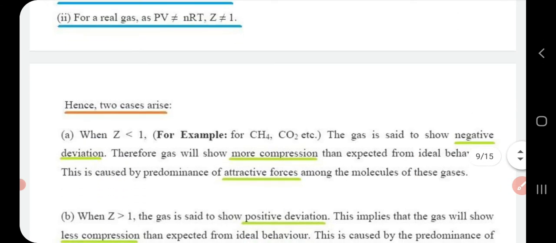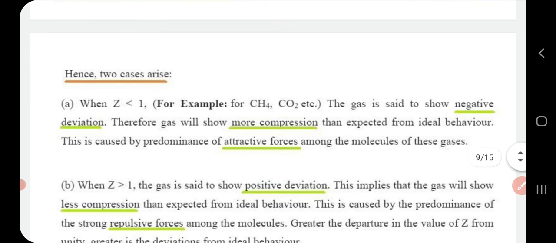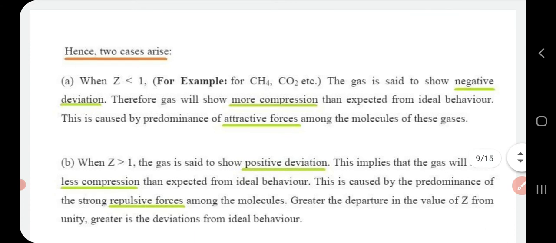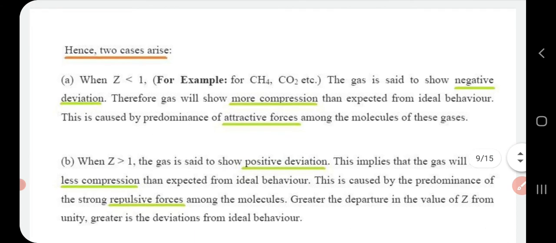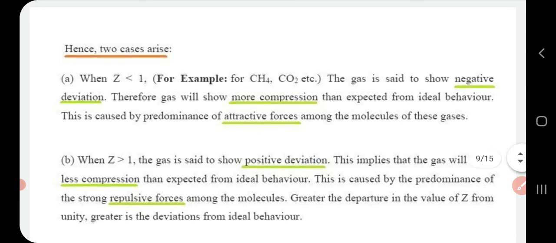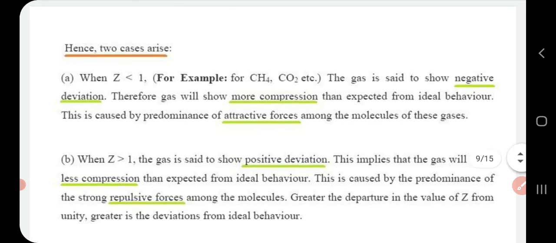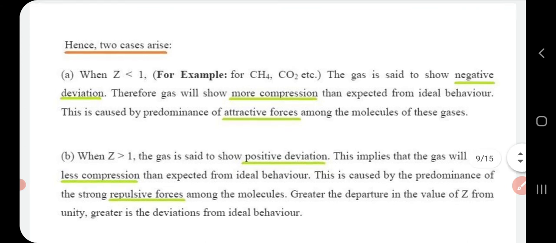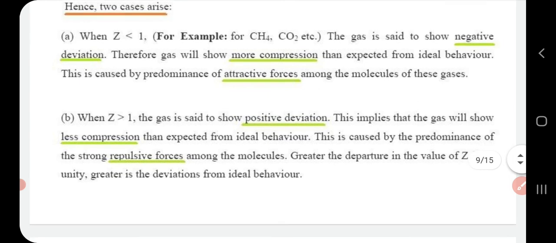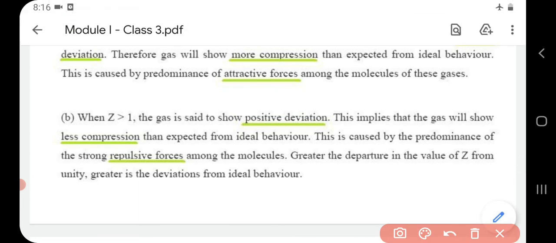Hence, two cases arise. First, when Z is less than 1, for example for CH4 and carbon dioxide, the gas shows negative deviation. That means the gas shows more compression. Why? Because attractive forces dominate among the molecules of these gases. Now what about Z greater than 1? In such cases, the gas shows positive deviation.